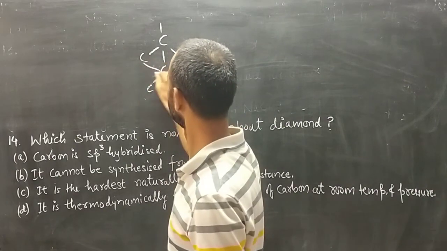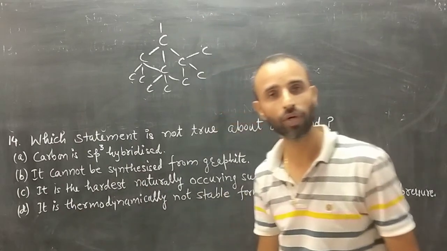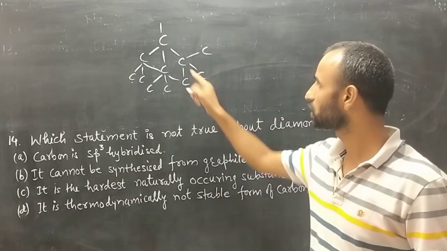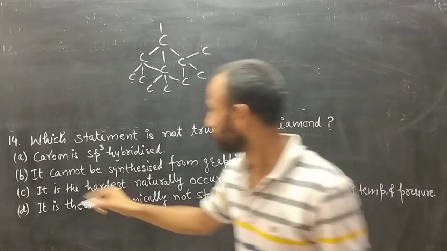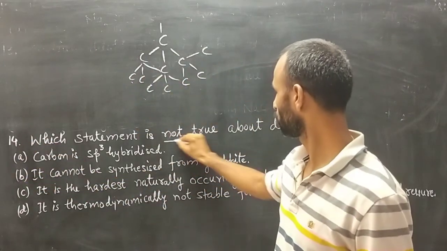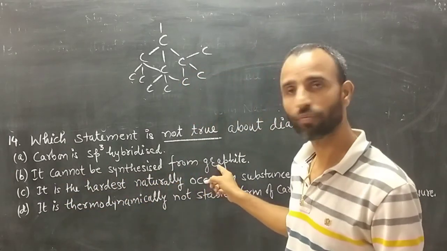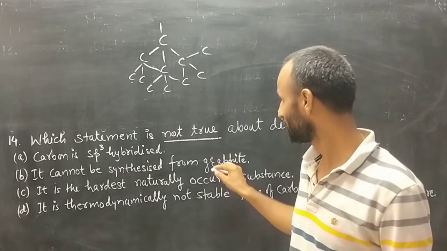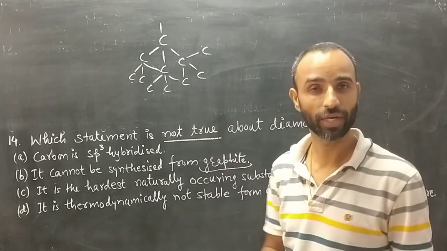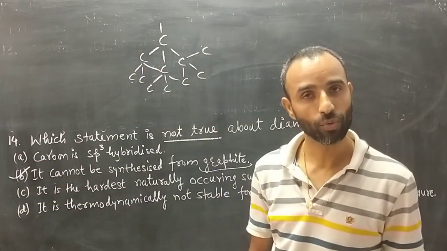There is a network of covalent bonds and each carbon forms 4 bonds. So the first option is true. We should find out the one that is not true. It cannot be synthesized from graphite. Not right, because it can be prepared from graphite. So this statement is not true.